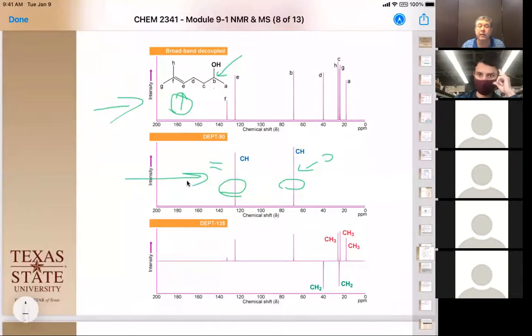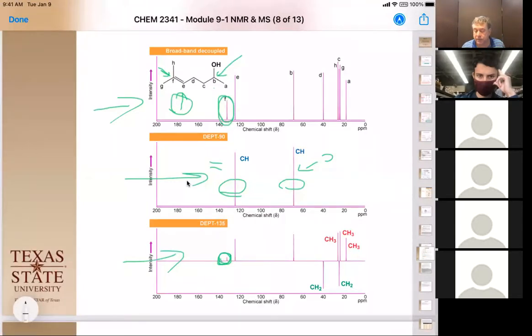Now, if we look at the second one here, carbons that have no hydrogens on them don't show up on the DEPT experiment very much at all. So this peak right here, this F, shows up in that one here as this little teeny peak because it didn't have any hydrogens on it.